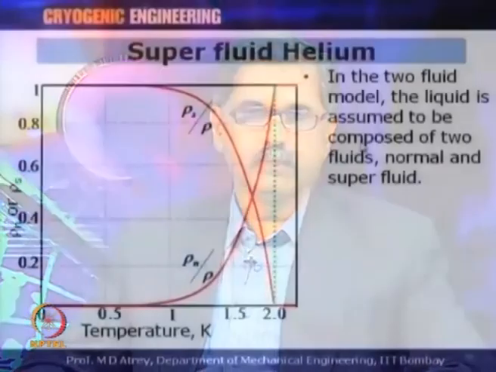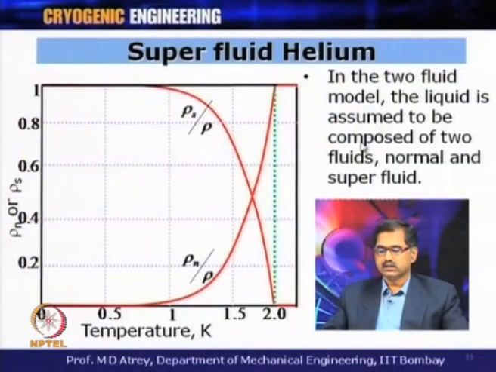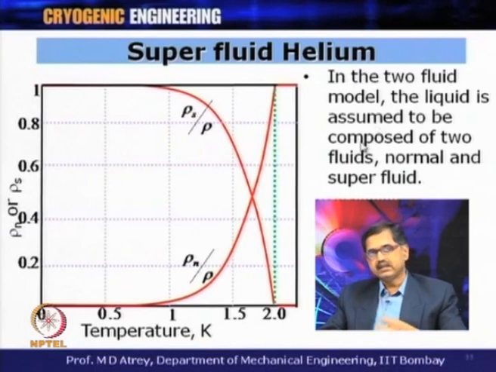That means, what you have in between the lambda point and 0 Kelvin is a mixture of normal fluid and superfluid, and this is what the two fluid model suggests, that the fluid between the temperatures of the lambda point and 0 Kelvin has some density contribution coming from the superfluid and some density contribution coming from the normal fluid, and this is what the two fluid theory is all about.